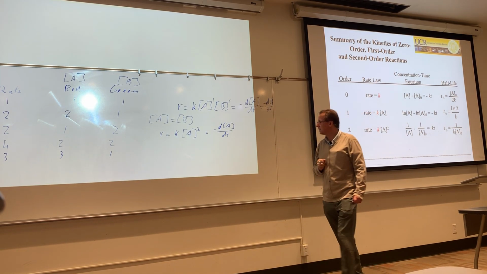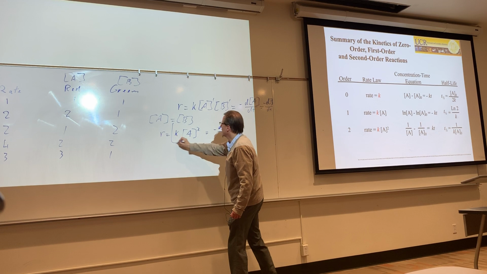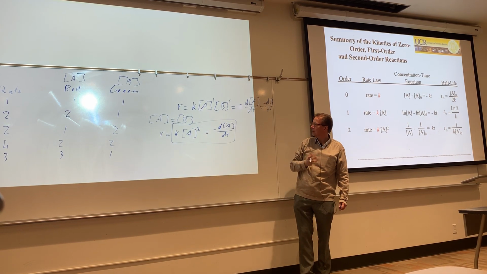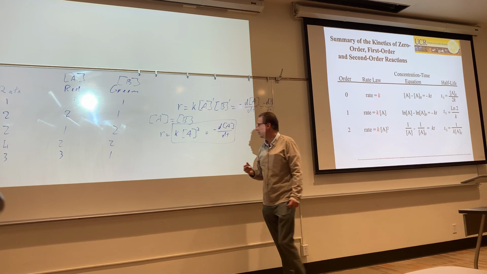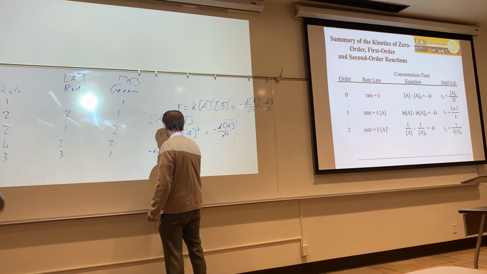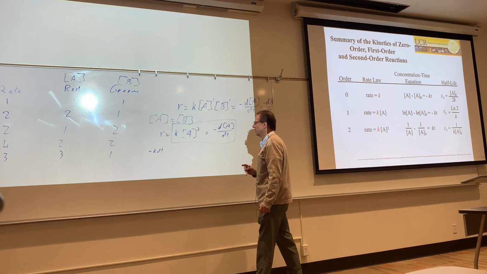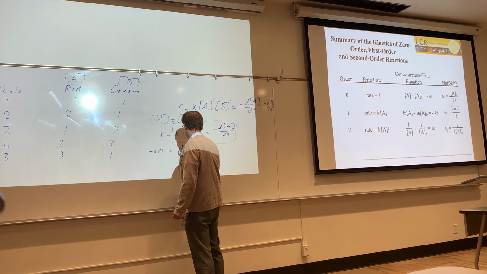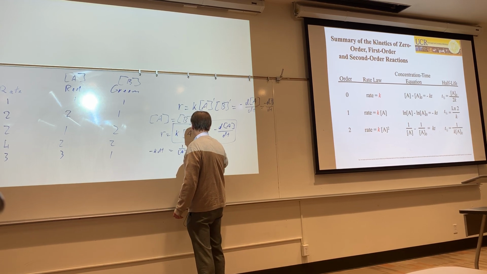Now, if that is the case, then I have really a differential equation over here. Differential equation, separation of variables, so I have minus k dt if I bring those things on one side, and on the other side I have 1 over A squared dA.